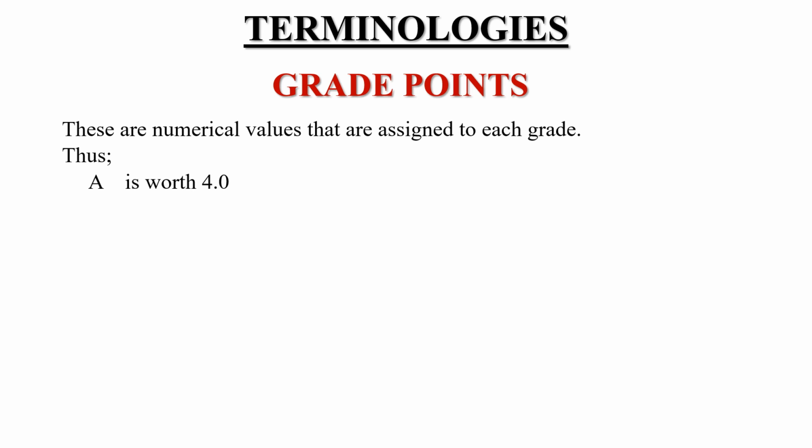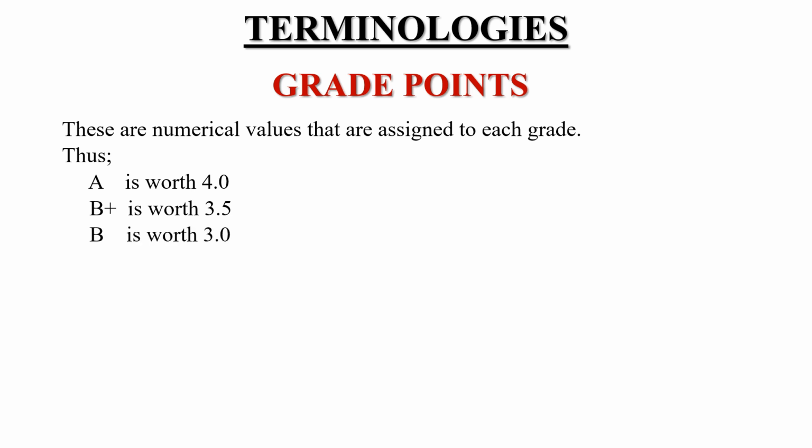When a student attains a B+, it's worth 3.5. So in your statement of results or in your portal where your results are, if you see B+, the numerical value associated with it is 3.5.